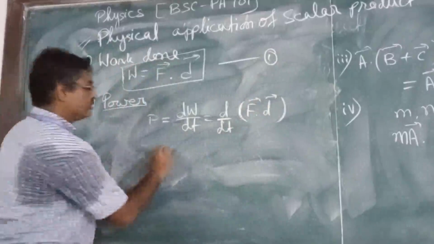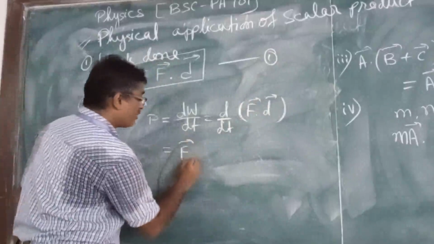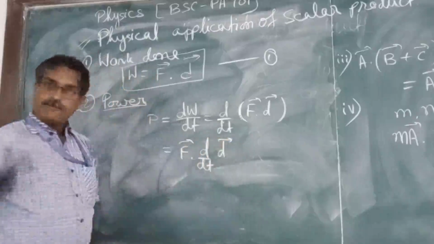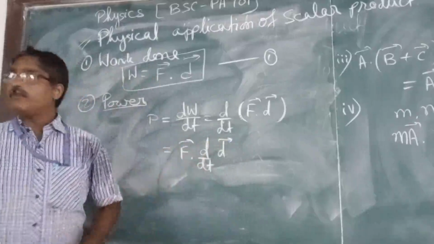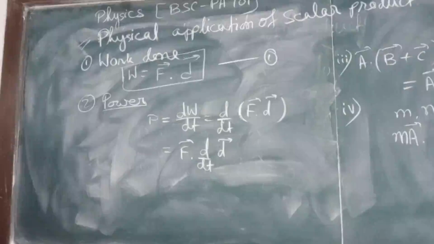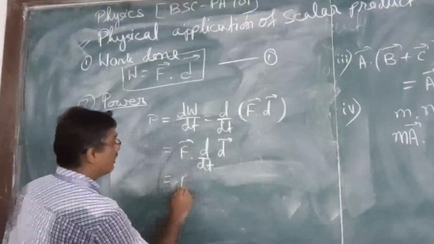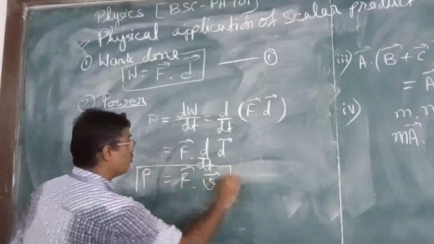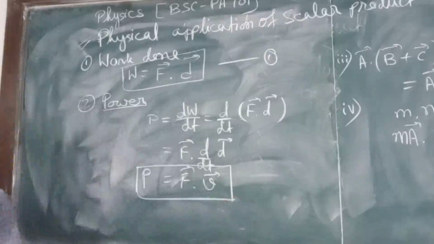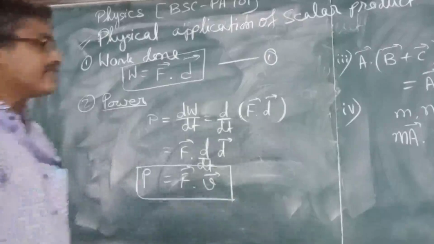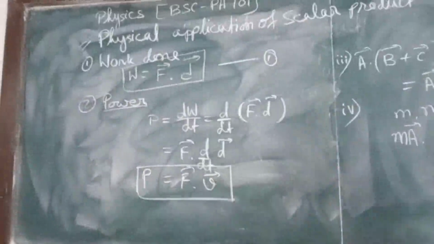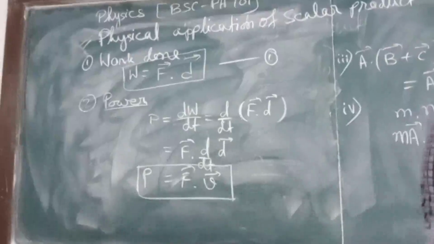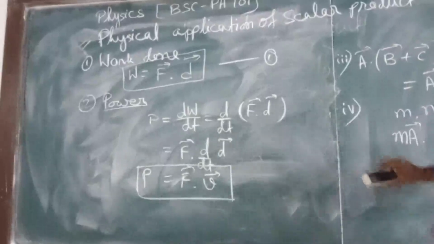So this equals F dot d by dt of D. This is the displacement, so what is dD by dt? Velocity. So this equals F dot V. So power P equals F dot V. That is our dot product. These are the applications of the dot product in physics.